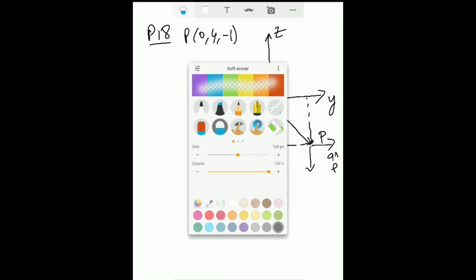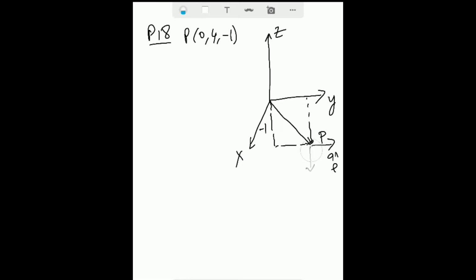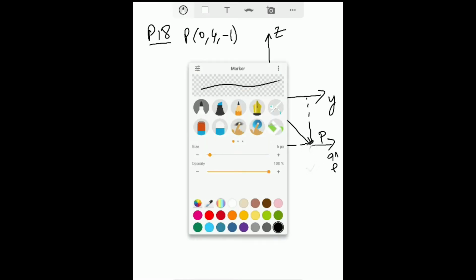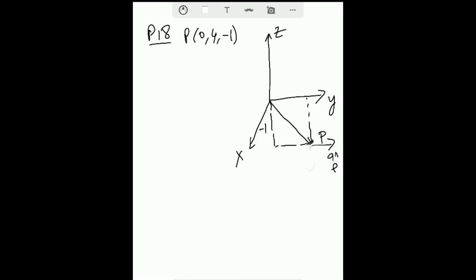So I just delete this. So this is AZ in this coordinate.